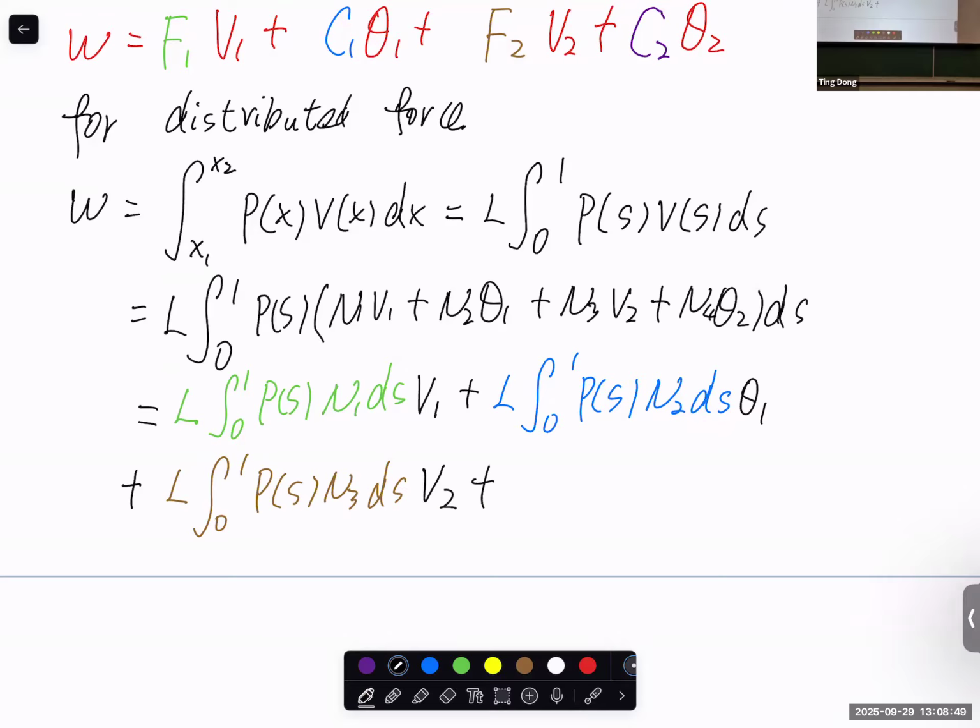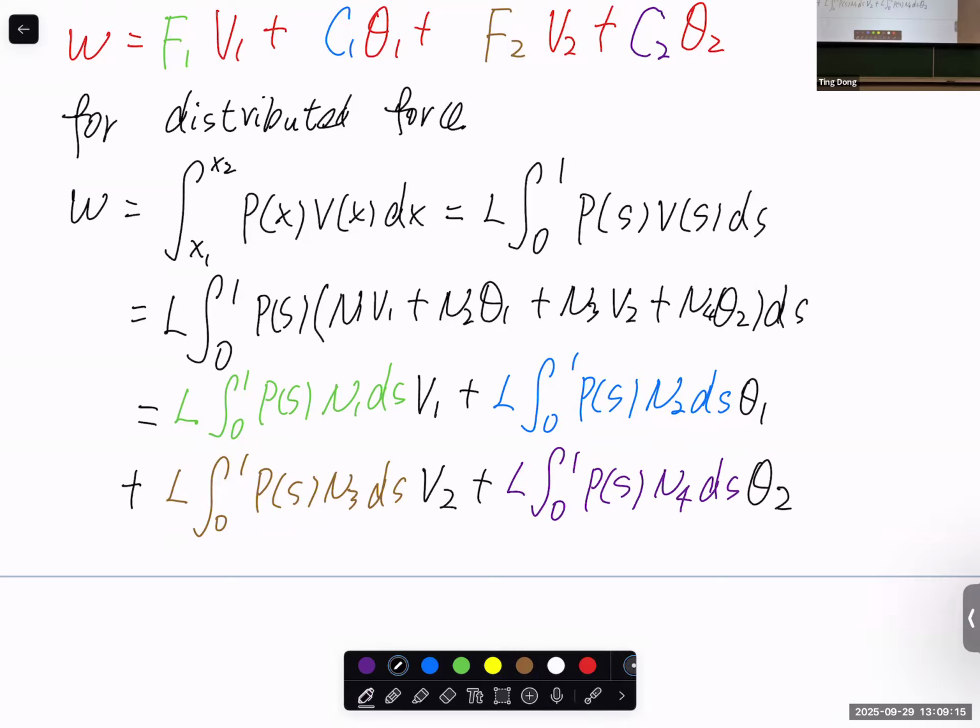The last component, I use this color: L 0 to 1 P S N4 ds times theta 2.